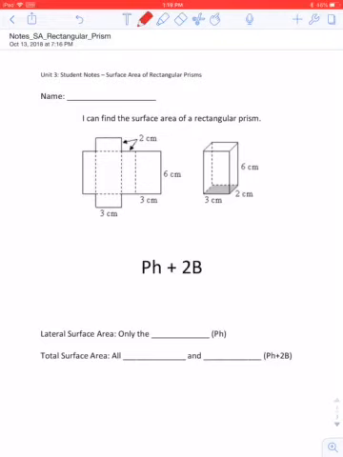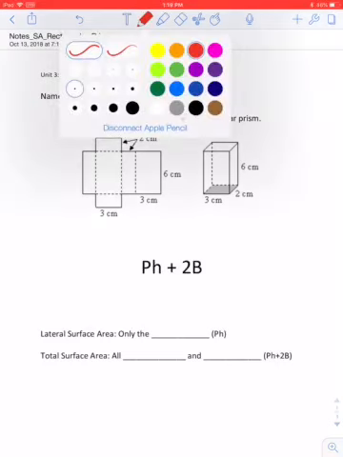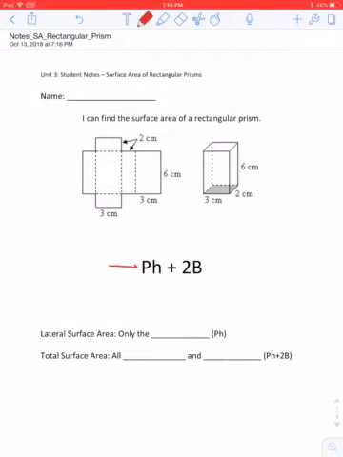Okay, let's get started. There are three real parts to our formula here. The first one is a capital P. When you see a capital P, you've seen that before. It indicates that we are solving for the perimeter, and here it refers to the perimeter of the base of your figure.